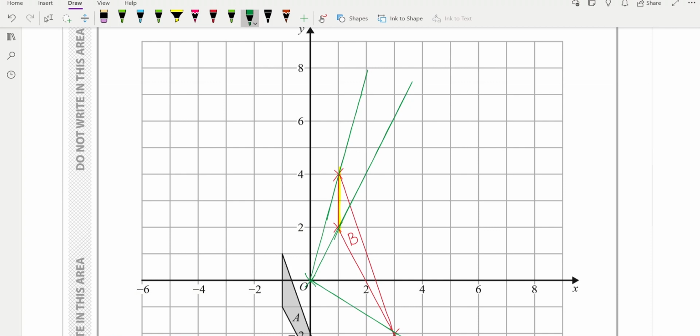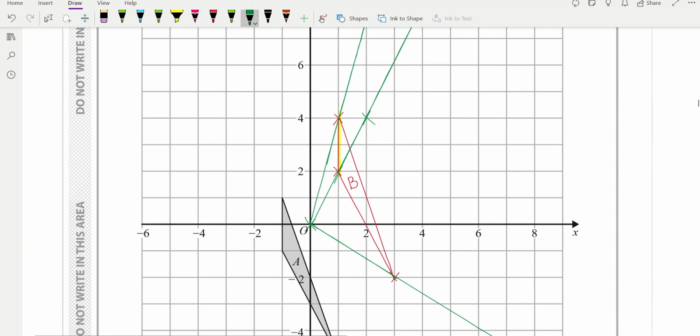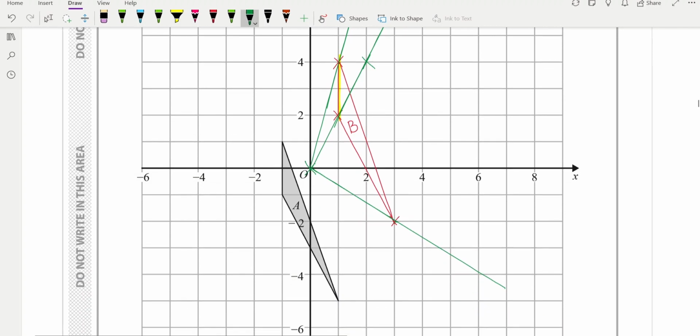So the new location will be this one and this one, and the other side will be over here.